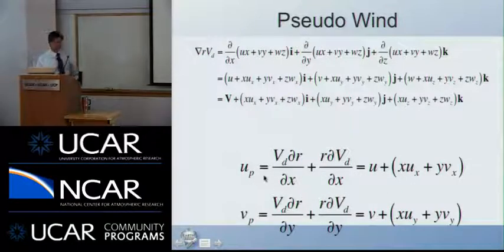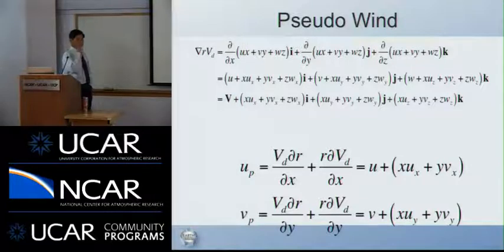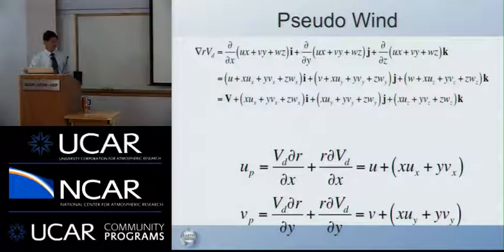Basically, with a field of r times vd, if you take the gradient of that quantity, you get a horizontal velocity plus some bias. As I mentioned earlier, if you evaluate this equation at x and y equals 0, you extract the u and v unambiguously without any assumption.